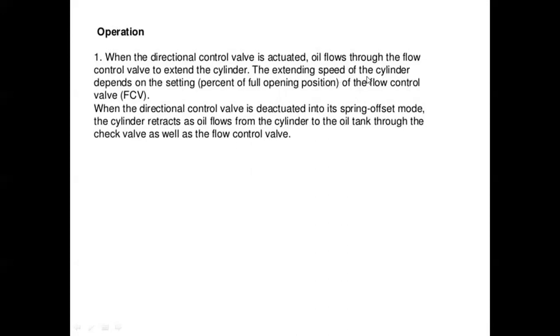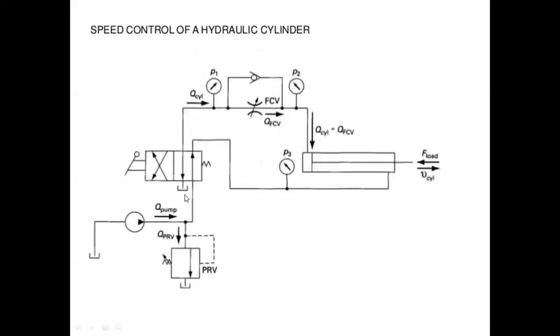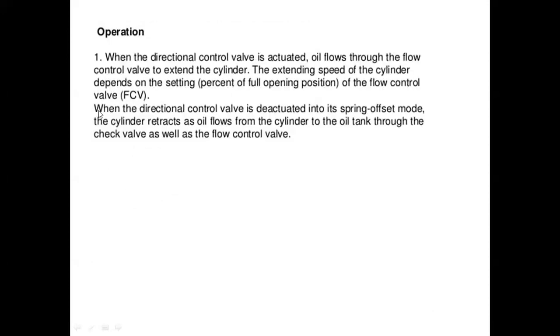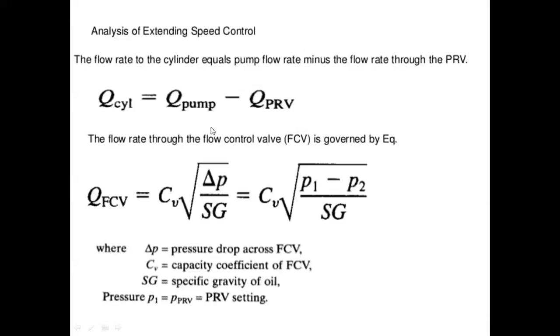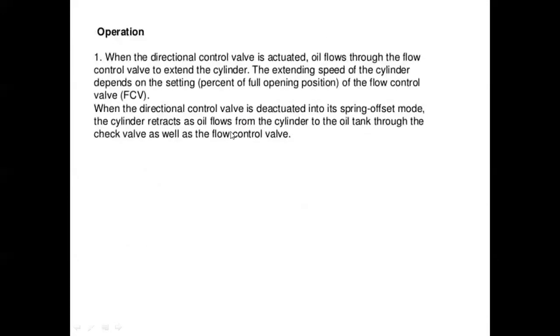The extending speed of the cylinder depends on the setting of the flow control valve. When the direction control valve is deactivated into the spring offset mode, the cylinder retracts as the oil flows from the cylinder to the oil tank through the check valve as well as the flow control valve.